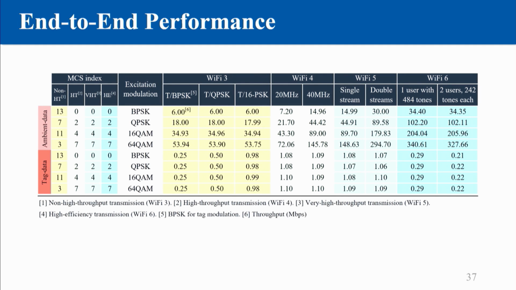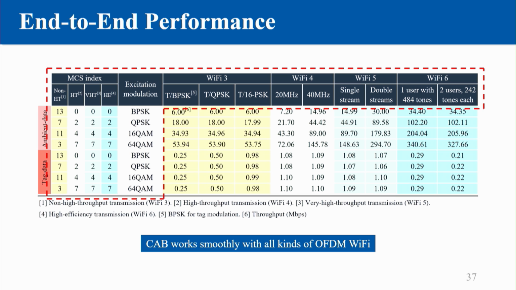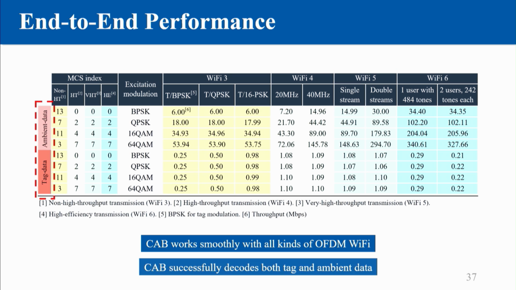This is a comprehensive end-to-end evaluation of our system. In this table, we can see that CAB works smoothly with all kinds of OFDM Wi-Fi we mentioned before. Besides, both tag data and ambient data are successfully demodulated in our system.